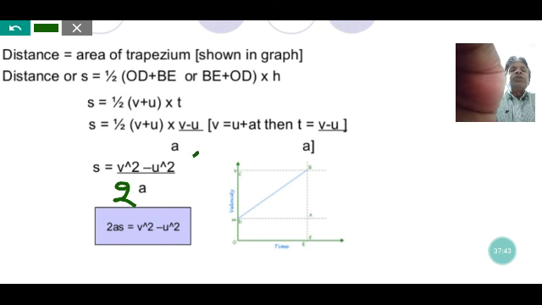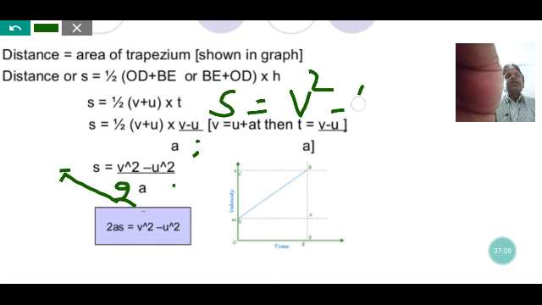(V plus U) into (V minus U) gives V square minus U square, over twice A. Transposing the twice to the left hand side, we get twice S is equal to V square minus U square over A, so S is equal to V square minus U square by twice A.